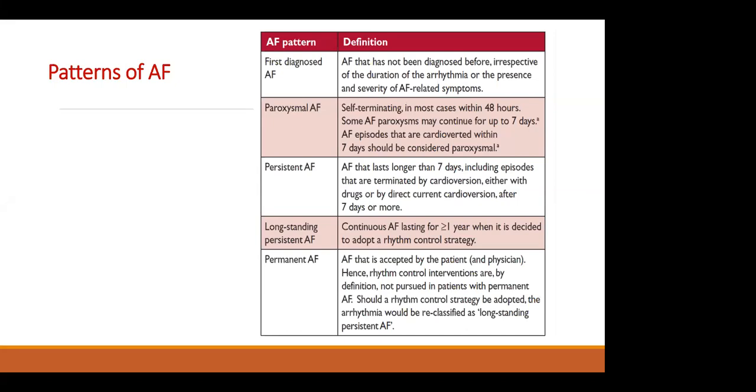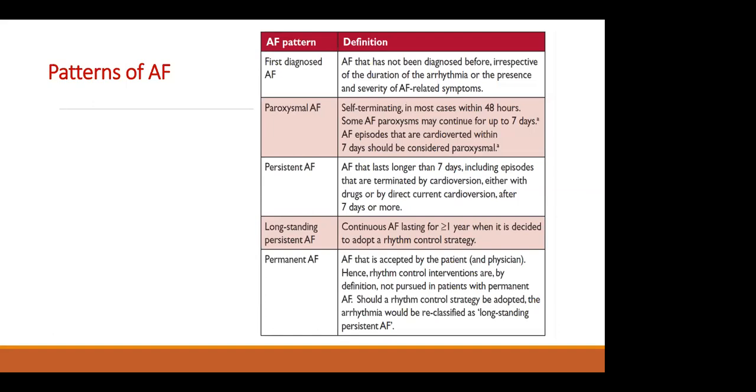If it extends beyond the first week and terminates after 7 days, it's called persistent atrial fibrillation. If it extends more than 1 year, it's called either long-standing persistent AF or permanent AF, depending on whether a rhythm control strategy or rate control strategy will be adopted.